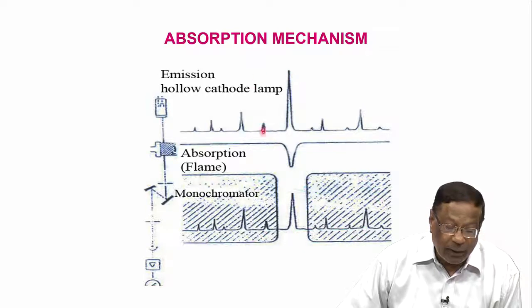Okay. Now, when absorption occurs, what happens? The intensity of this radiation becomes less, is it not? So, if the absorption is of this much, then the intensity of this will be reduced by this much extent.